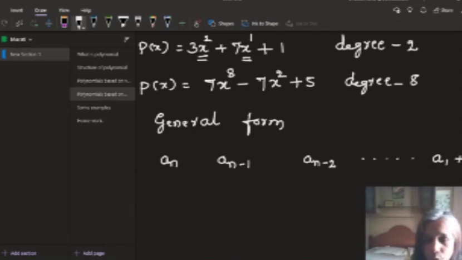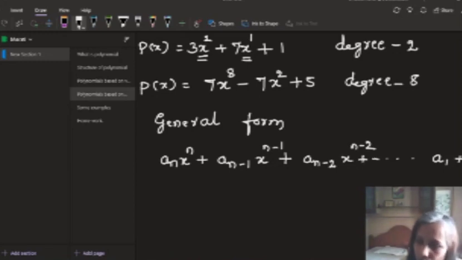Next, we have to multiply these things with their variables, like x to the power of n, x to the power of n minus 1 plus x to the power of n minus 2 plus, will continue in this way. At the end, a1x. Here our x closes and next we don't have a variable.